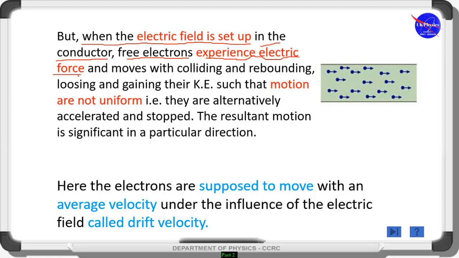Because of this electric force, the free electrons move further with large speed, and during the motion they collide with atoms inside the conductor, also rebound, lose their kinetic energy, sometimes gain kinetic energy.